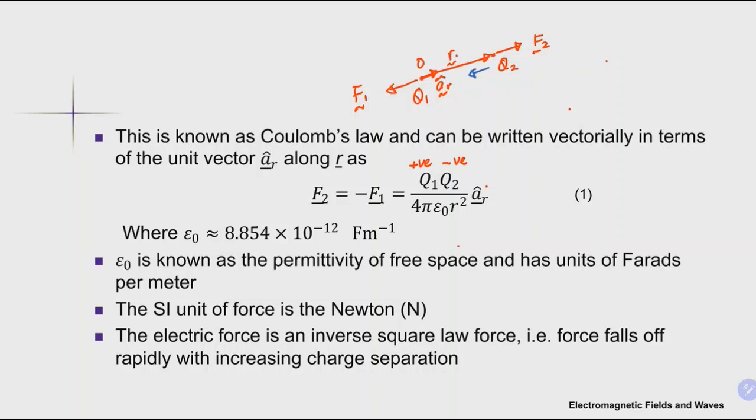That also has an inverse square law, very similar to this equation. Instead of the charges Q1, Q2, in gravitational force you have the masses M1, M2, and it is also inversely proportional to the square of the distance, and then you have some constant multiplied by that. So it is a very similar type of force.